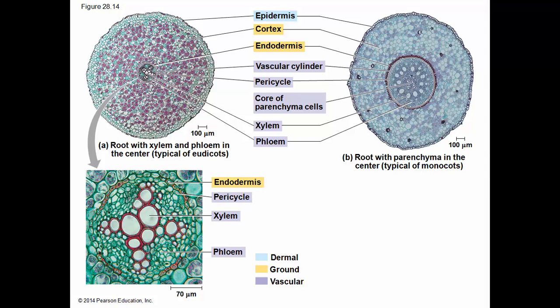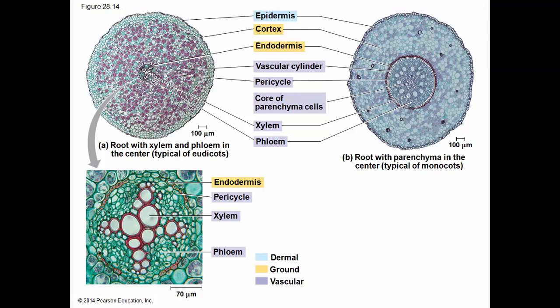Okay, so here on the left we have a root with xylem and phloem in the center, typical of eudicots. In the roots of typical gymnosperms and eudicots, as well as some monocots, the stele is a vascular cylinder appearing in cross section with the lobed core of xylem and phloem beneath the lobes.